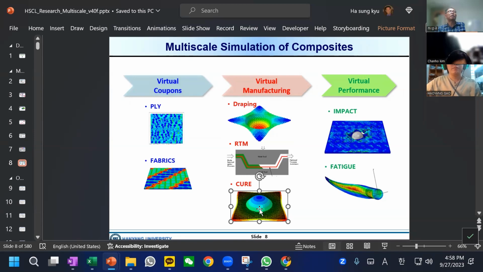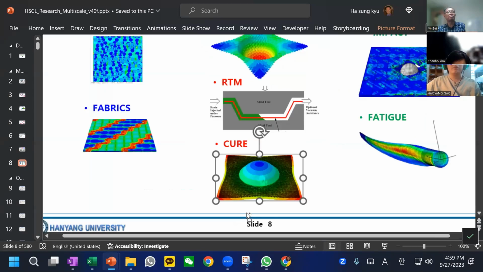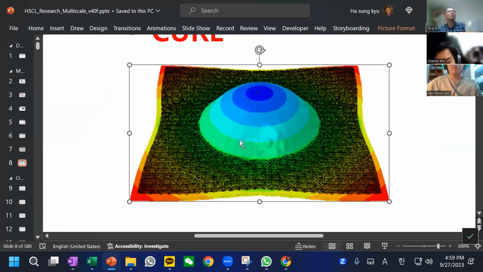Once cured, the structure will have a history of temperature and a history of the curing process, which will cause residual stress inside. How much residual stress will be generated inside the structure, which can make the shape change a little bit like this.